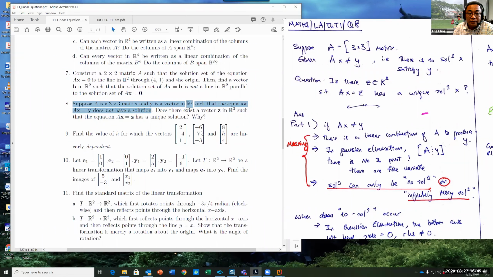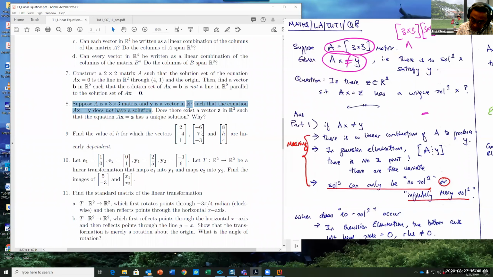Now here is question 8, tutorial 1. We are given a 3 by 3 matrix A, and this is the condition: AX is not equals to Y. So you have a 3 by 3 matrix and a 3 by 1 column vector.